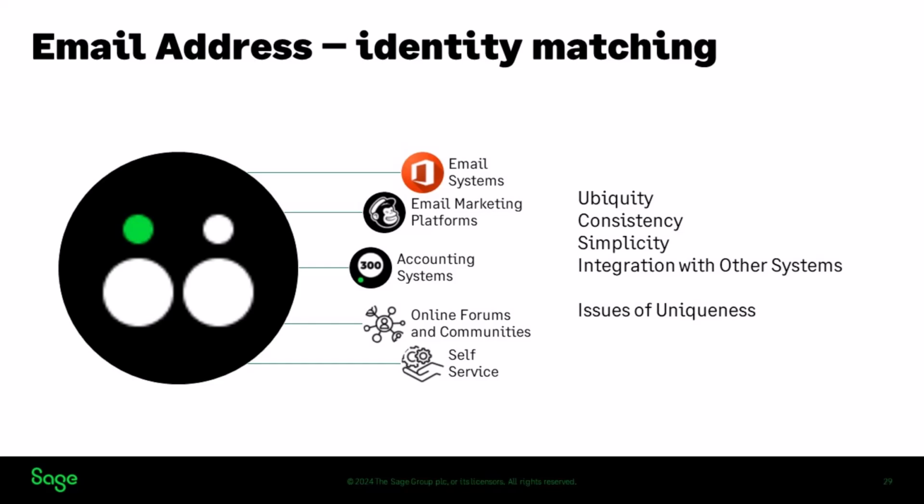But probably one of the most useful things to be able to uniquely identify a person across multiple systems is going to be their email address, because the majority of our interactions now, whether we're dealing with the integration with the email system itself, the email marketing platform, the accounting system, the online forums and communities that you may integrate with, self-service or whatever back-end system, there are a number of very useful elements to an email address.